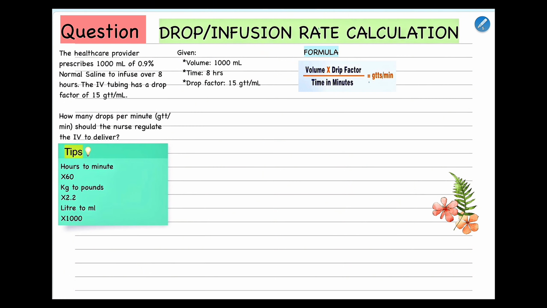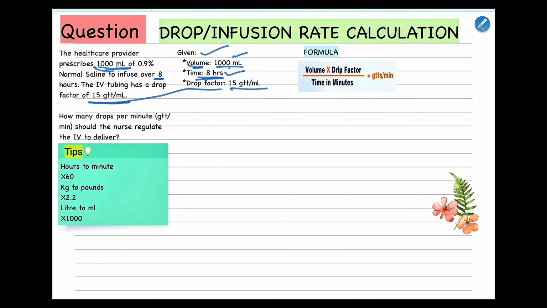In this question, the healthcare provider prescribes 1000 ml of 0.9% normal saline to infuse over 8 hours. The IV tubing has a drop factor of 15 drops per ml. So let's see what is given. The volume is 1000 ml. The time over which this volume is to be administered is 8 hours, and the drop factor is 15 gutte per ml.